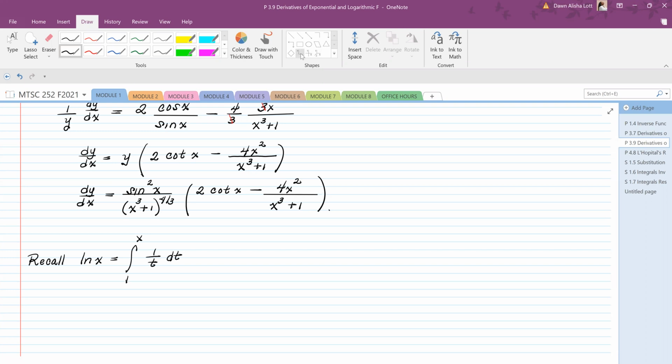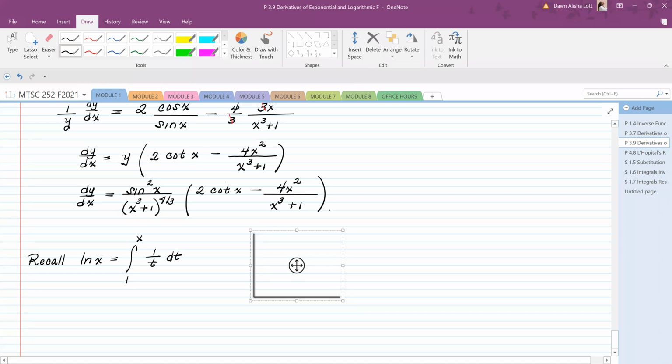So what we did was we graphed the function 1 over x and we said the logarithm function is the function that gives us the area under the curve from a value 1 up until x.